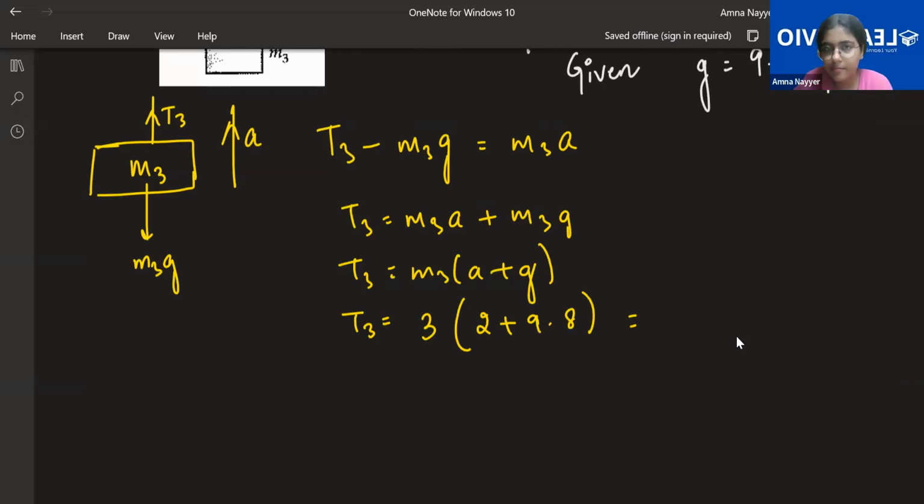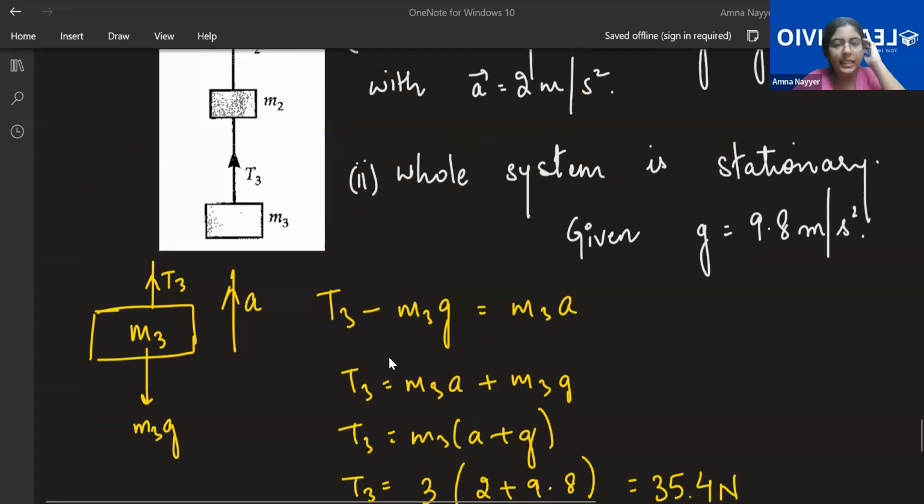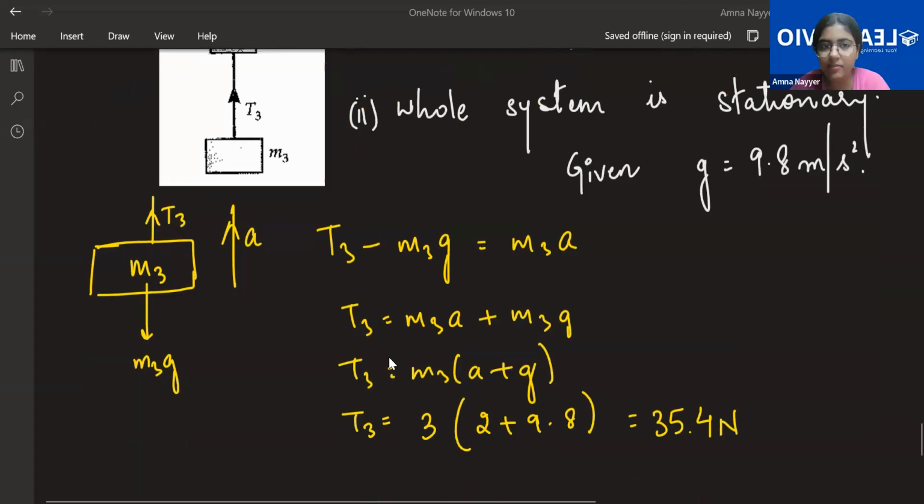Yes, ma'am. Simra's answer, yes. Neha, you're also getting the same now? Yes, ma'am. What was the mistake? I multiplied acceleration and gravity. Okay, all right. So 19.6 into 3 you had taken. Yes. So this is the tension T3 we only have.